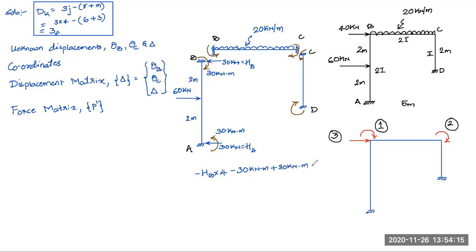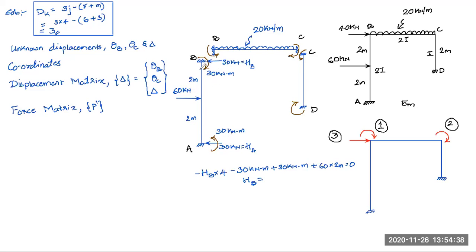And plus one more: due to the 60 kilonewton, the moment is clockwise, 60 into 2 meters, and the sum should come out to 0. This equation will tell you what HB is equal to. This is how you should go about determining the reactions at the supports A and B. They are required in our case.